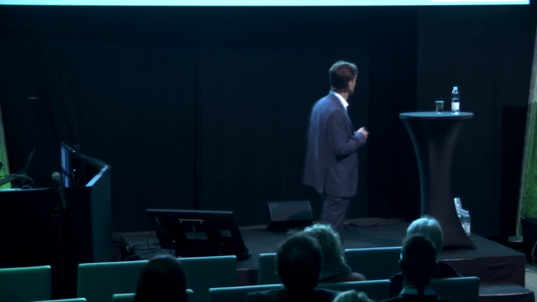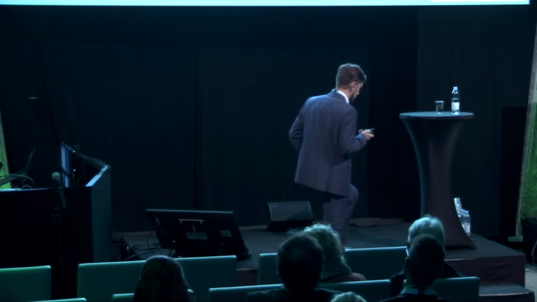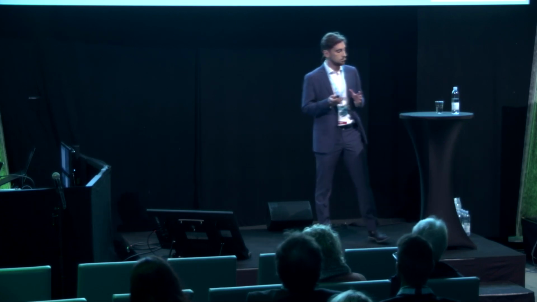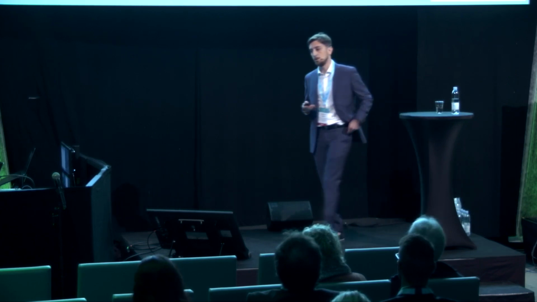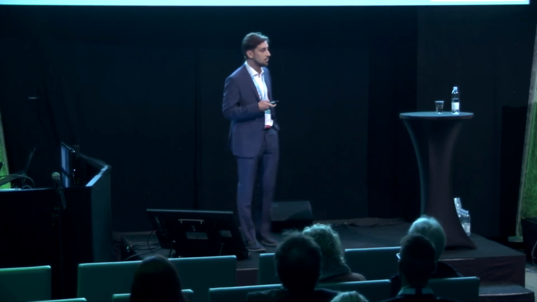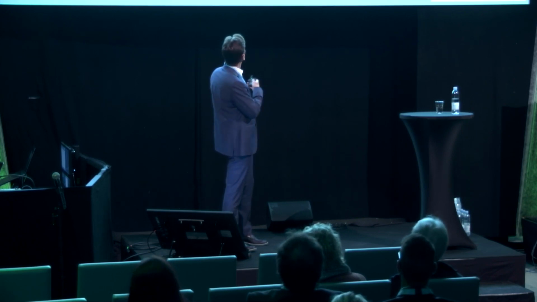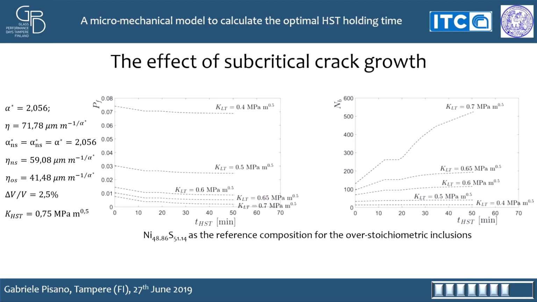For what concerns subcritical crack growth, it is of importance to recall that for surface cracks, the threshold activation limit is 0.3 megapascal per meter up to 0.5. But if we consider low values of KLT of the order of 0.4, we have that the effectiveness of the heat-soak test is totally null. That obviously is in contrast with the practice.